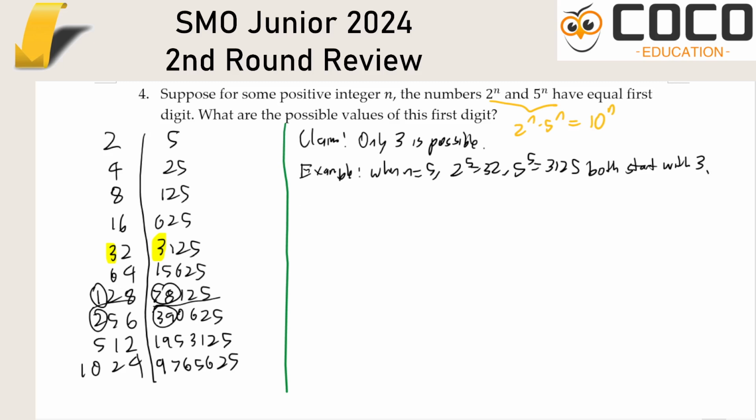Scientific notation. Now let 2 to the n be a times 10 to the r, and 5 to the n equals b times 10 to the s, where our scientific notation is just that a and b are both between 1 and 10.